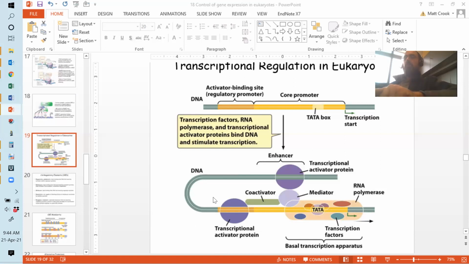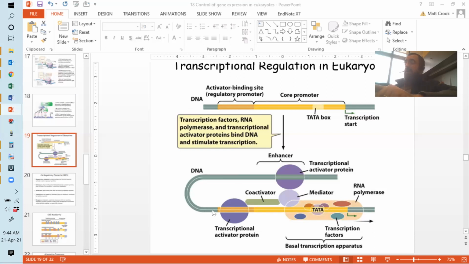So if an enhancer or transcriptional activator or transcription factor is bound to one of these elements, it prevents a repressor from binding, and vice versa, right? So this is one way in which you can tweak the level of transcription.